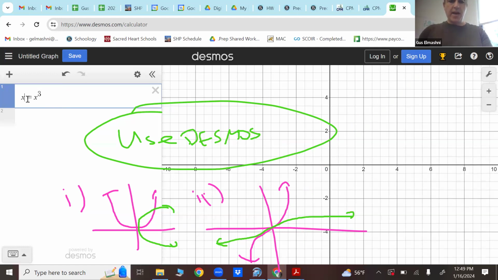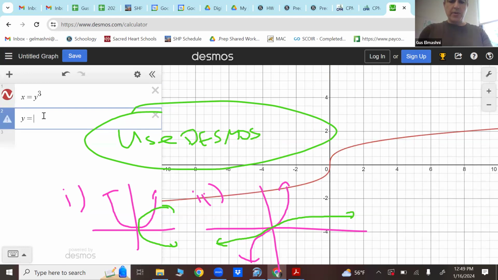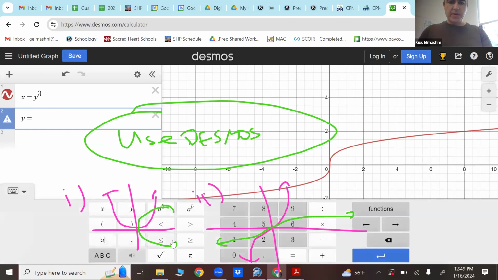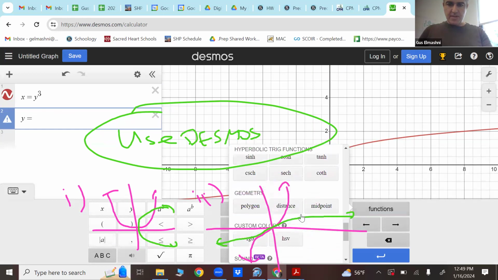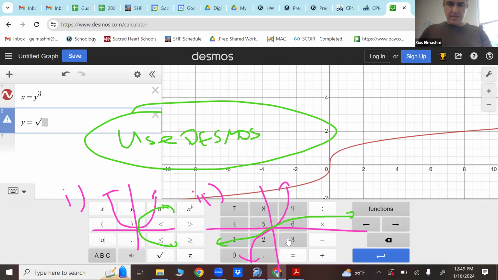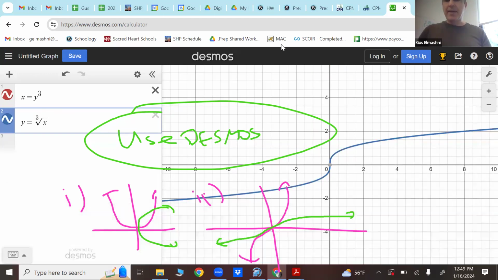Sorry, x equals y to the third power. Or if I did y equals the cube root, that's a little frustrating. I have to pull this up here. Functions, where is it? It's kind of annoying. There we go. You get the same thing, so it doesn't really matter. That's why Desmos is nice.